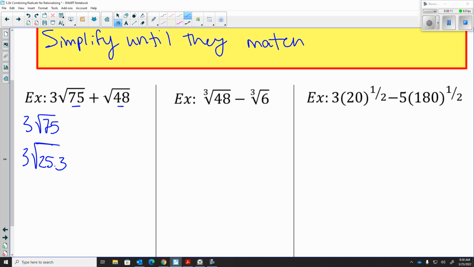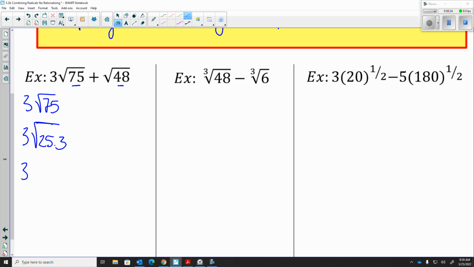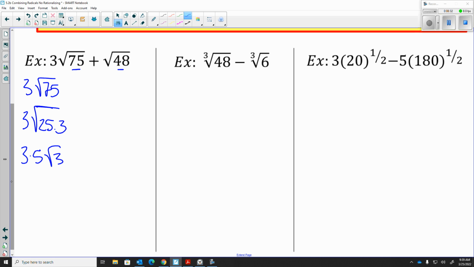We've done a ton of these now, right? What's the square root of 25? 5. So the 5 comes out in front. Have I done anything with the 3? No, it's still there. It's 3 times 5 from the square root of 25. And then I have this square root of 3. And what's 3 times 5? So this turns into 15 root 3. Cool?